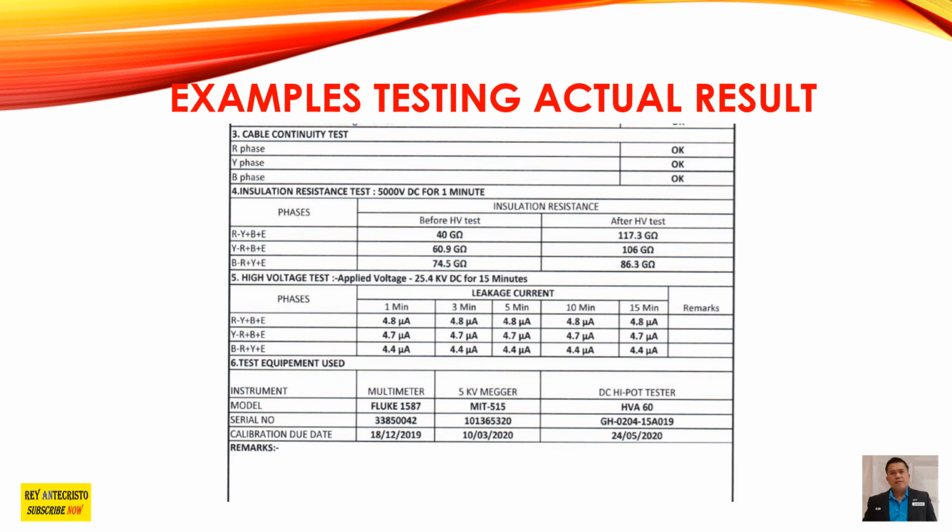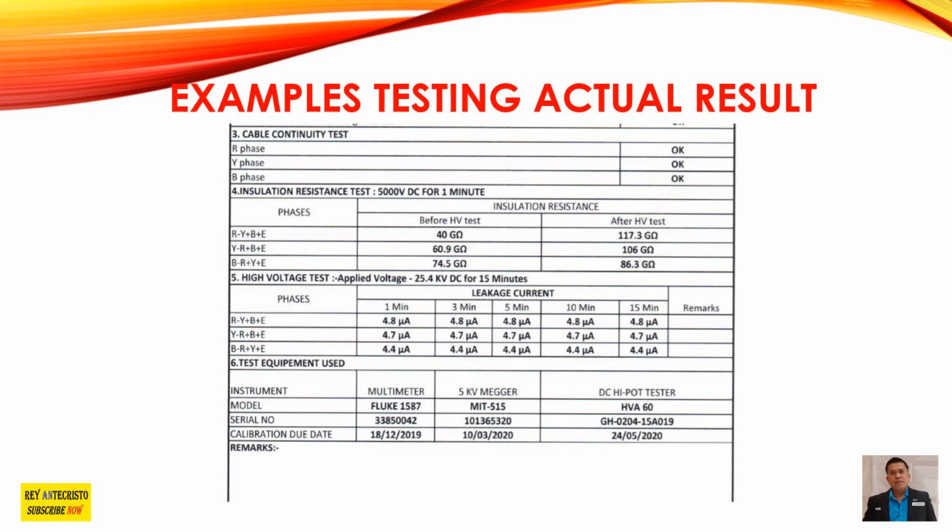Tapos after HV test, kasi pag tinitest mo, una, conductivity, tapos continuity, insulation resistance, tapos high pot mo siya. Pag after high pot, another insulation resistance, yun yung magiging resulta. Makikita mo tumaas yung reading after high pot test.